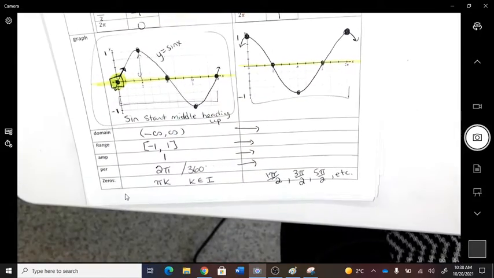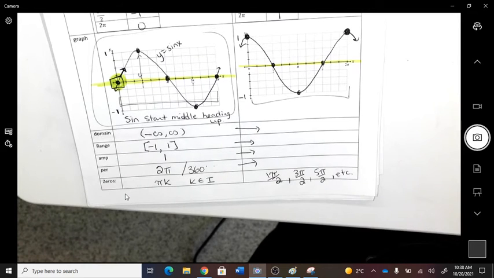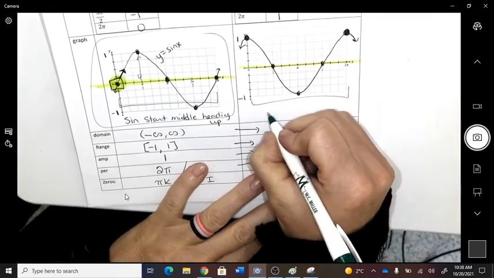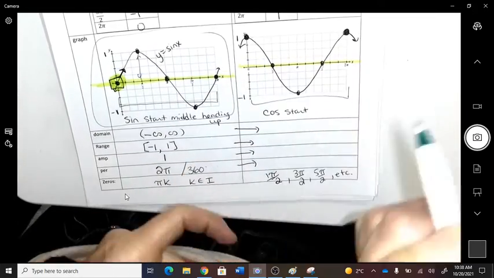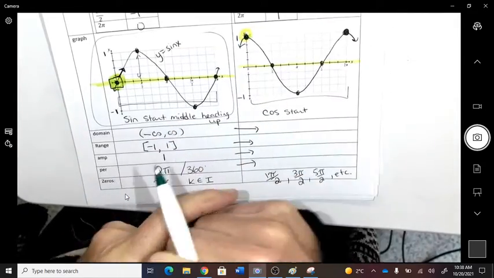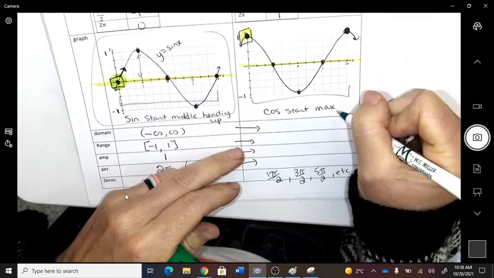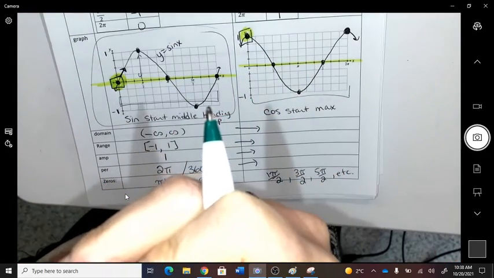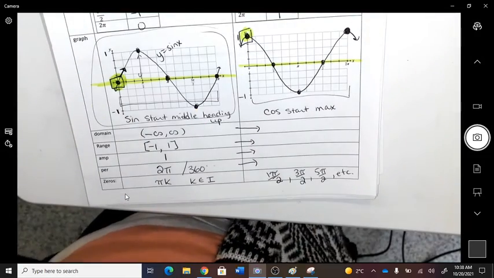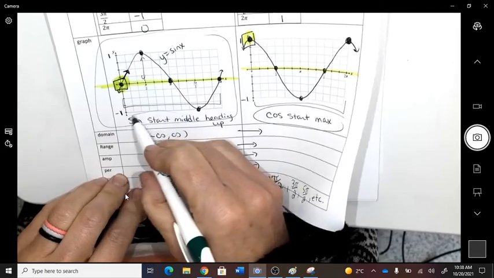The sine curve starts on the middle heading upward, and a cosine curve starts on a max. And obviously you're going to head downward. If you're starting on a high, you're always going to start heading down. So those are some good things to know.